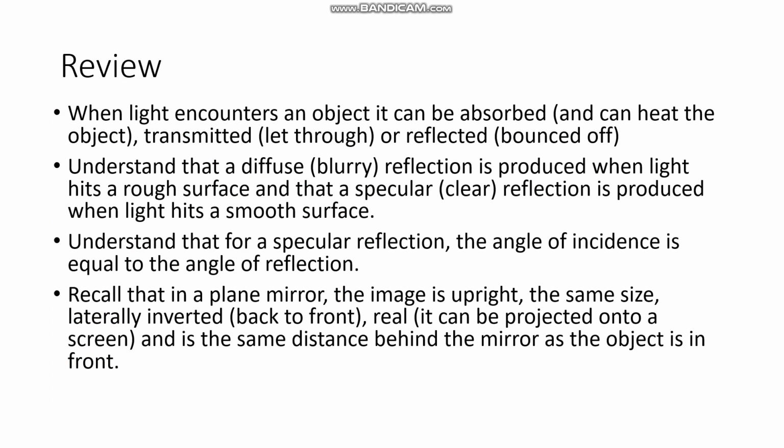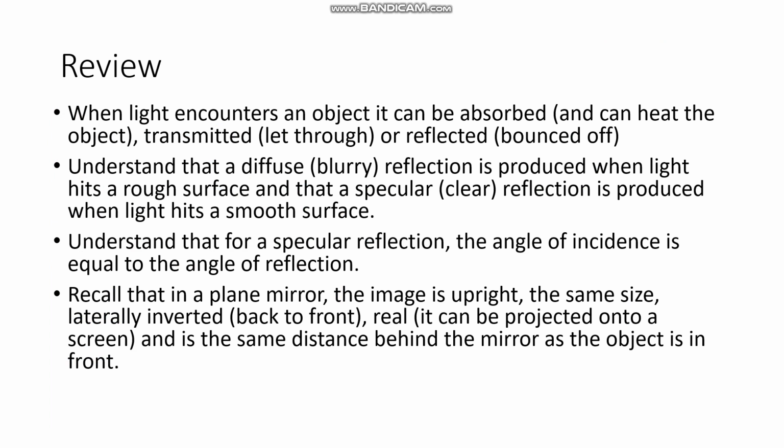Okay, you should now know that when light encounters an object, it can be absorbed, and it can be used to heat the object. It can be transmitted, let through, or it can be reflected, bounced off. You should understand that a diffuse, blurry reflection is produced when light hits a rough surface, and that a specular, clear reflection is produced when light hits a smooth surface.